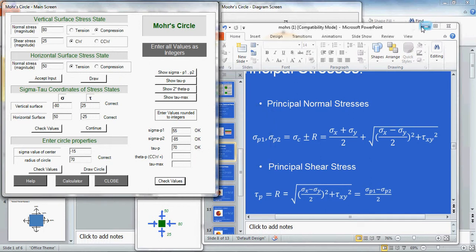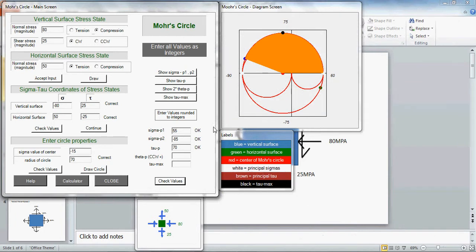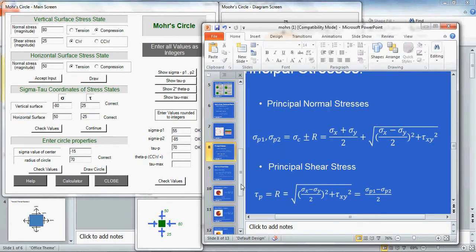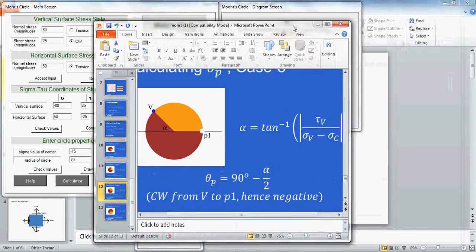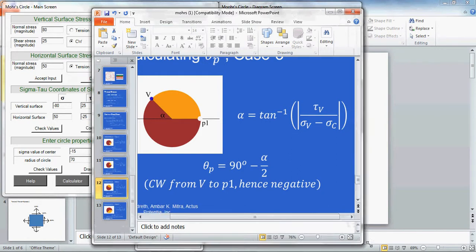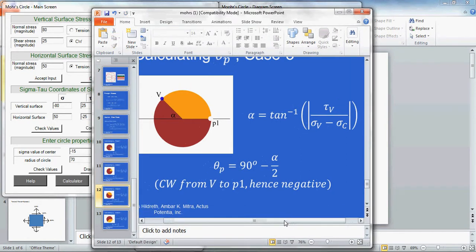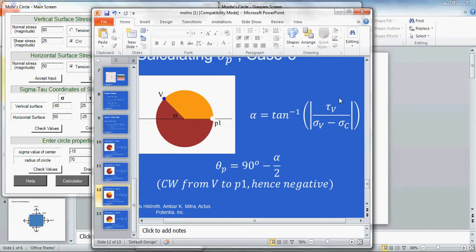Now, theta P is from the vertical point to the P1, so that means that you're looking at this kind of case. So your equation here is actually going to solve for the complement of it.